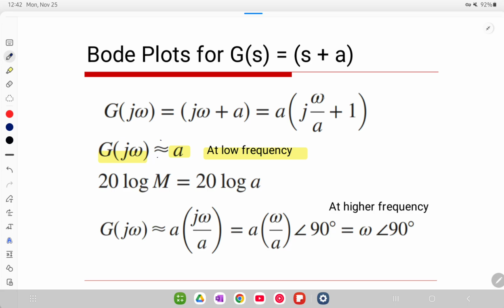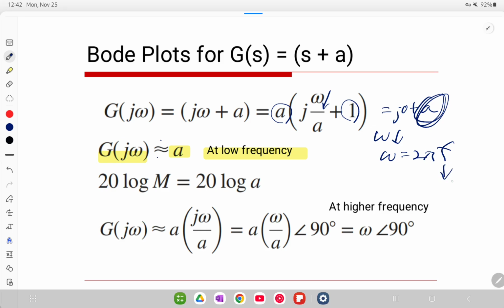Say omega is very small, then you will have A times 1. You'll end up with only A. It's like a 0 plus A. So you're only left with A when omega is low. Omega is 2 pi F. As F goes down, the frequency is low, omega is low.